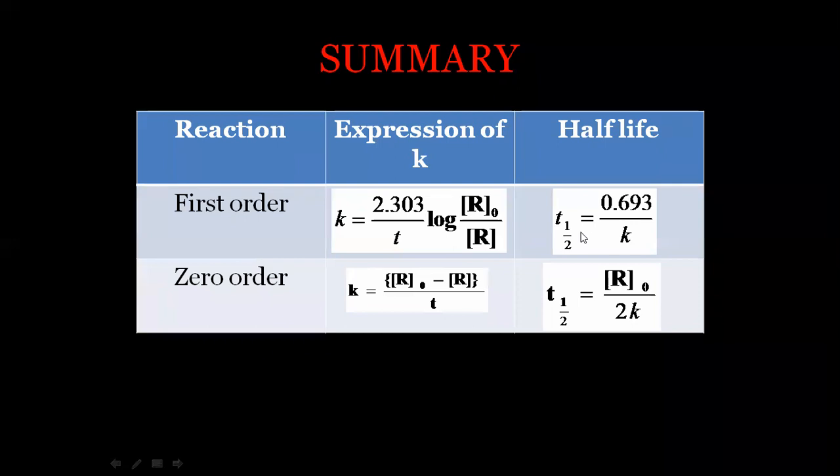A first order reaction's half-life, if you take one particular reaction, will always remain constant no matter how much you start with. The time at which it reaches half of its initial concentration always remains constant. It is independent of initial concentration.